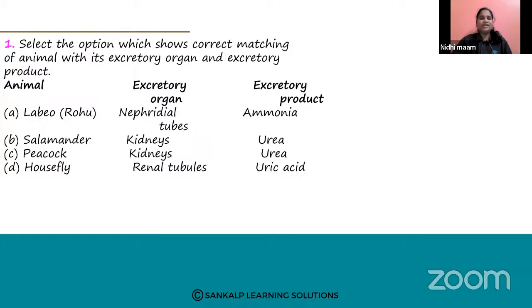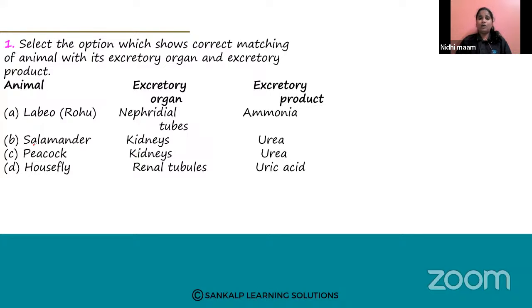So here the animal Labeo or rohu is nothing but a fish. Nephridial tubes, it excretes ammonia. Salamander, you should know which group salamander comes under. Kidneys, it excretes urea. Peacock, so it will come under birds, then it also excretes through kidneys urea.